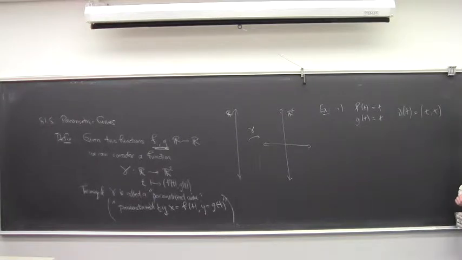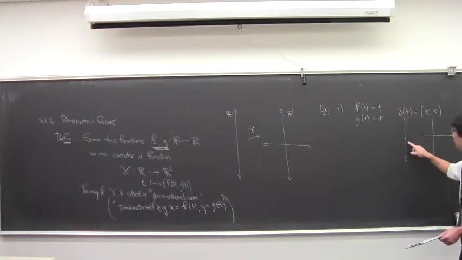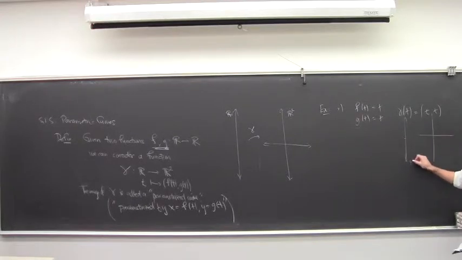It'll take the number t to the point t comma t. So what's the picture of that? At time 0, when t is 0, you start off at 0, 0. When t is 1, you're at 1, 1. When t is 2, you're at 2, 2. When you're at -1, you're at -1, -1.